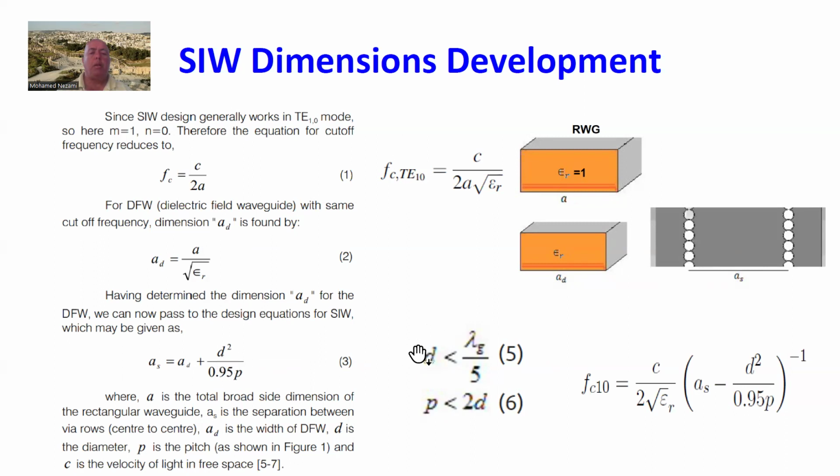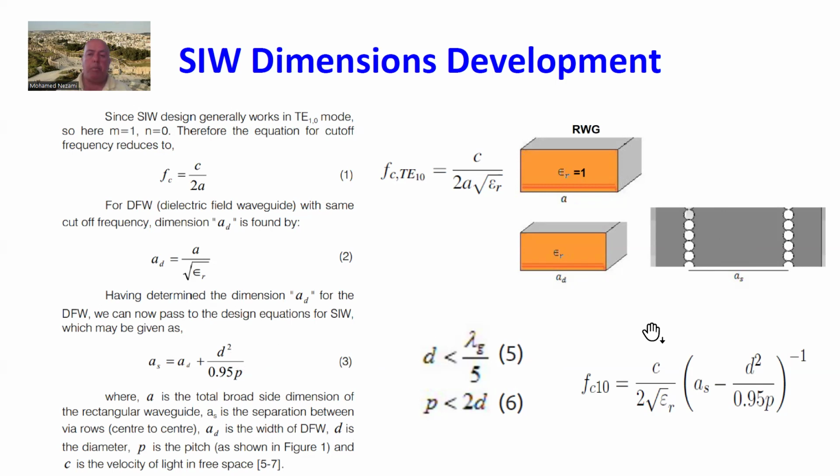They say the diameter at least has to be less than 20% of the substrate waveguide wavelength, or less than lambda g over 5, which is just less than 20% of the wavelength in the substrate. So that's pretty simple. We can solve for D using this and then substitute D in here.